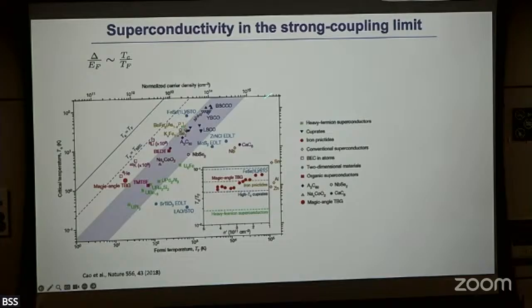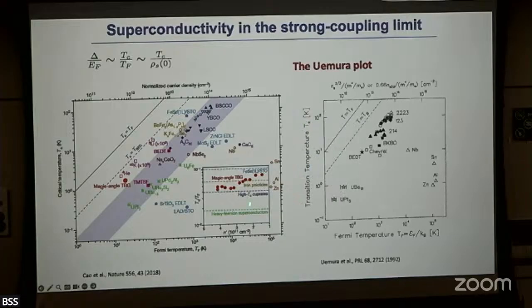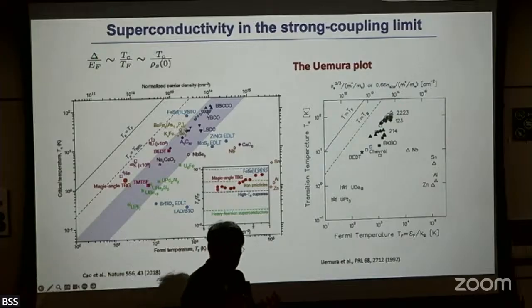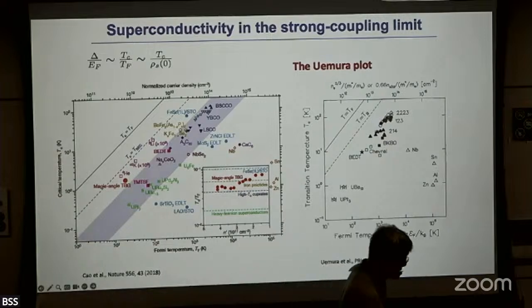Often this plot, including twisted bilayer graphene, is called the Uemura plot. The reason it's called the Uemura plot is that Tomo Uemura first showed that indeed for the cuprates, this ratio is really higher than in conventional superconductors. And this higher ratio means that somehow the Cooper pair is binding really strongly.